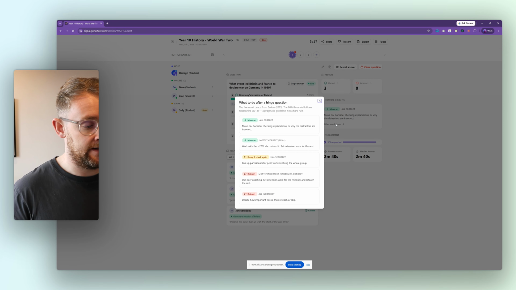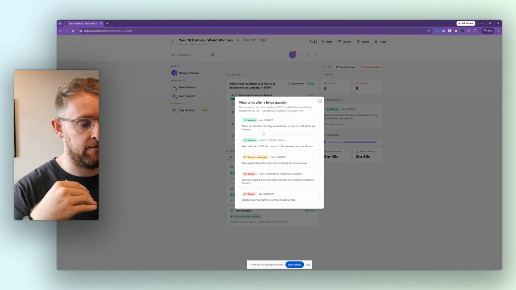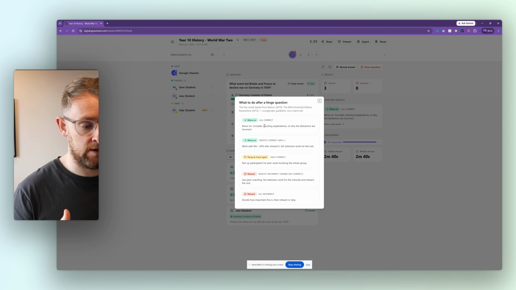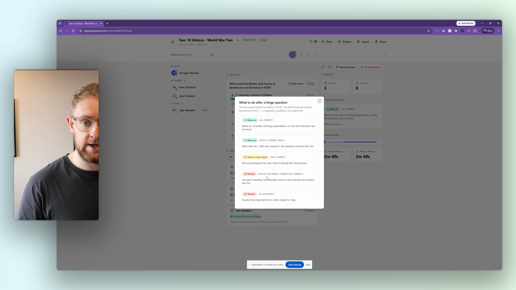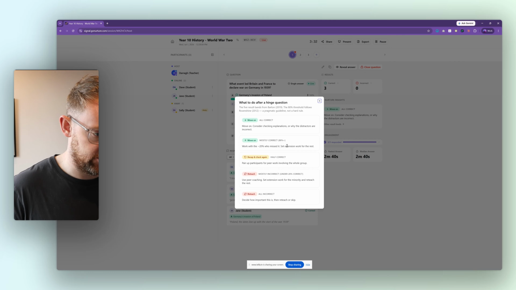Now, this scale is based on Barton's scale, where if they are mostly correct or all correct, it generally advises you to move on. Half correct, we advise you to recap. And if mostly incorrect or all incorrect, we advise the teacher to reteach. Okay.